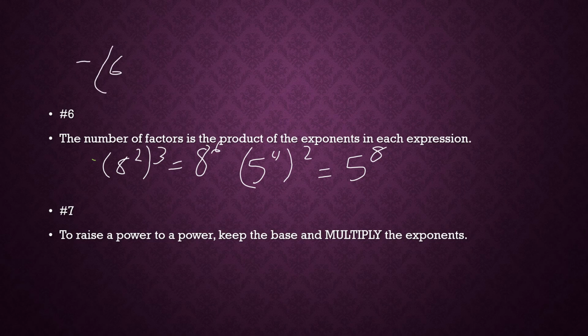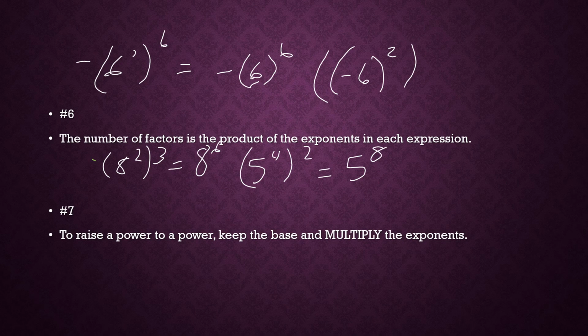Negative 6 to the 1st to the 6th power is equivalent to negative 6 to the 6th. And negative 6 squared to the 2nd power is equivalent to negative 6 to the 4th.